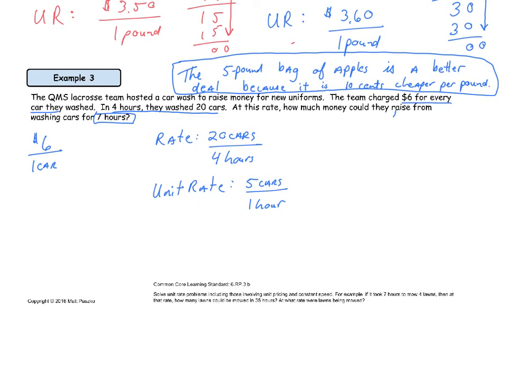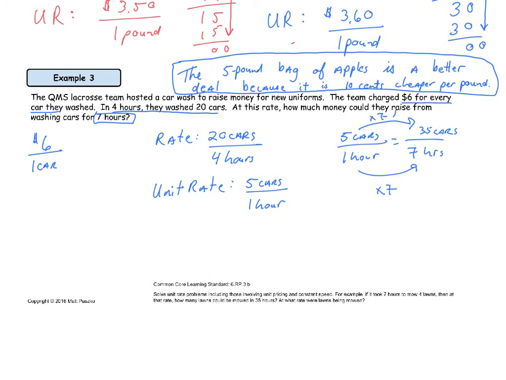We can use this information by setting two fractions equal to each other to figure out how many cars they wash in 7 hours. I know that 1 times 7 is 7, so 5 times 7 is 35. So they wash 35 cars in 7 hours.